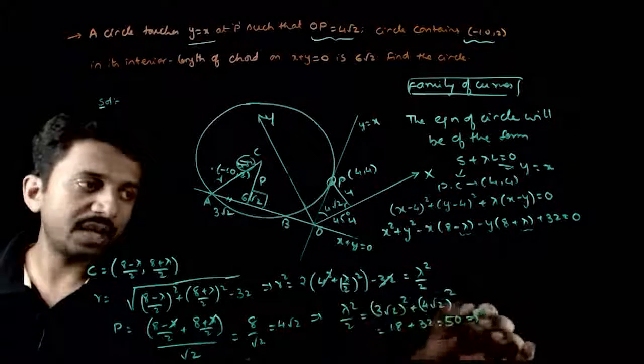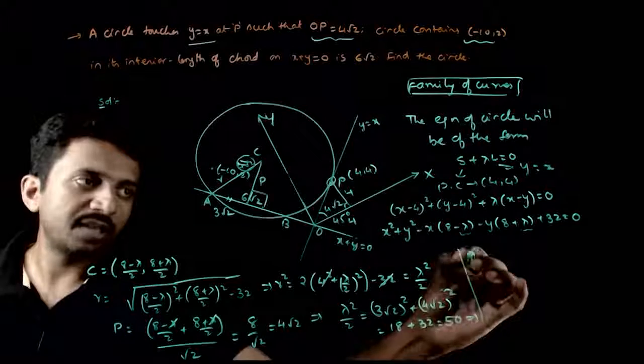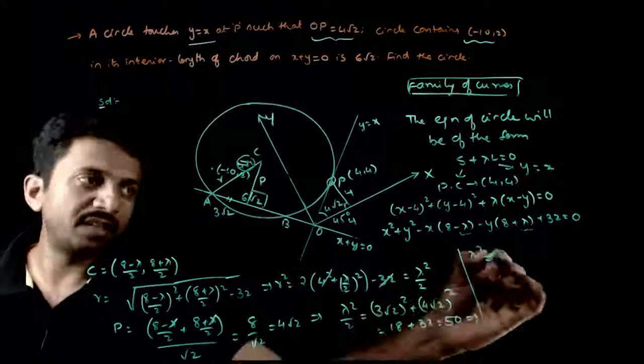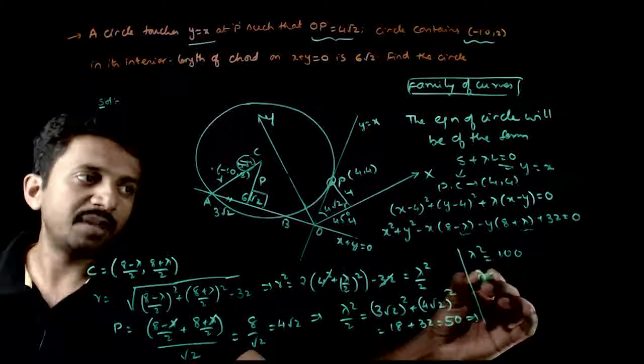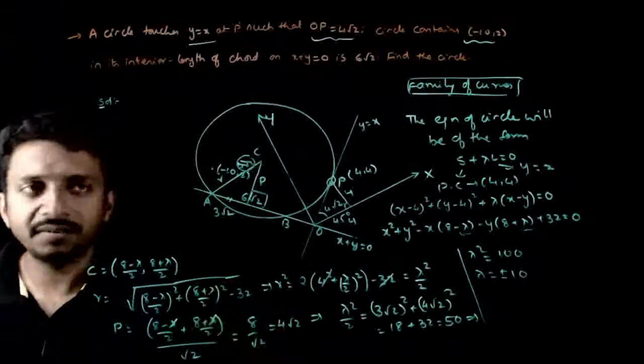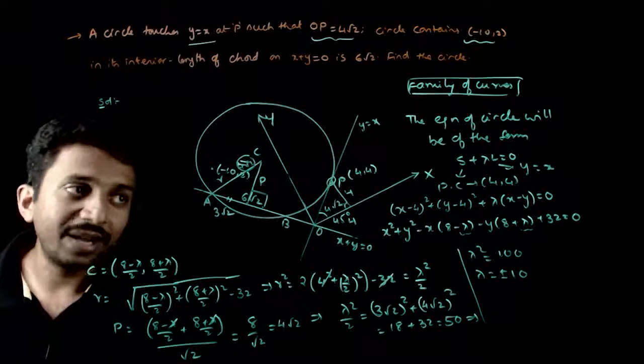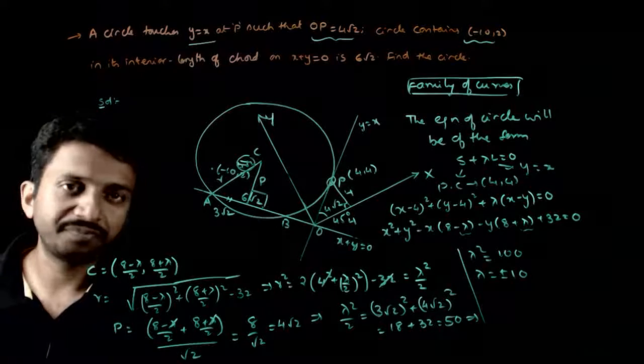So λ square is equal to 2 into 50 is 100. So λ is equal to plus or minus 10. So λ का value plus or minus 10 होना चाहिए.